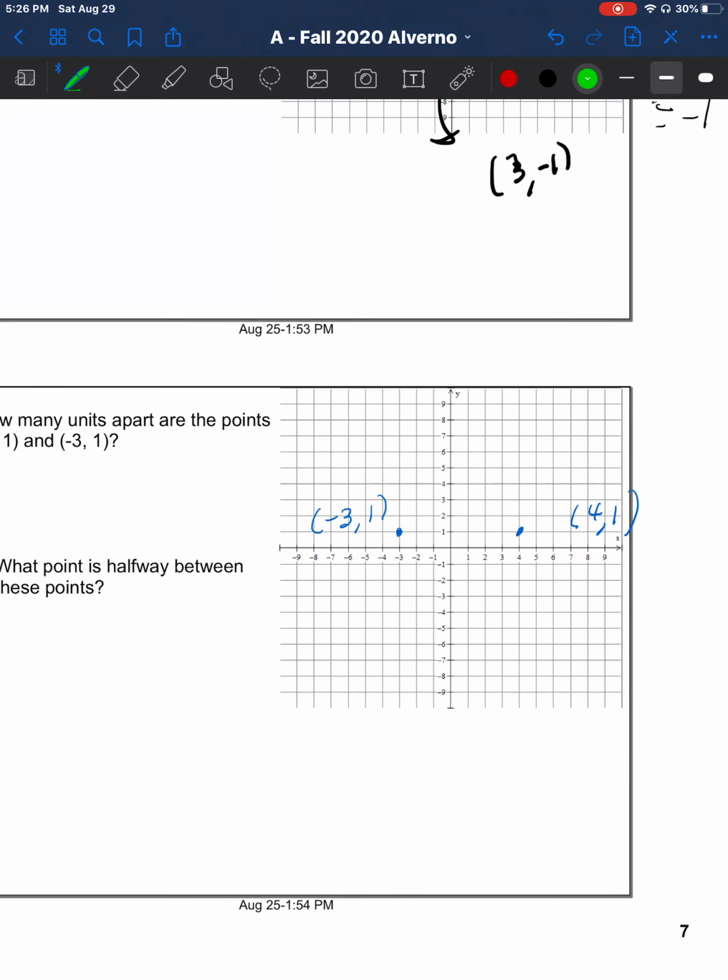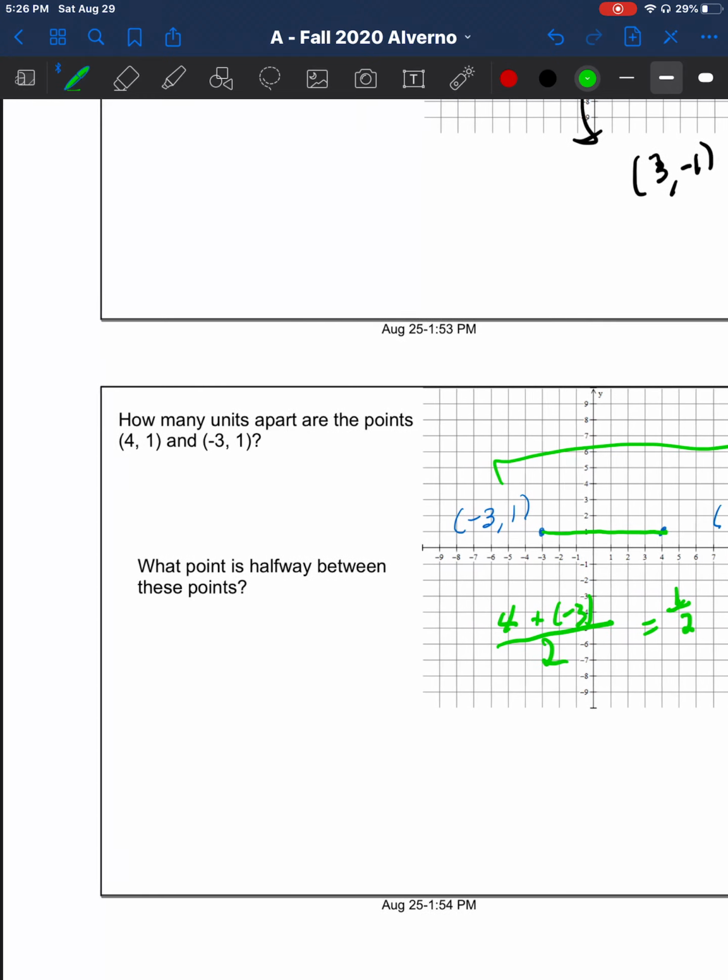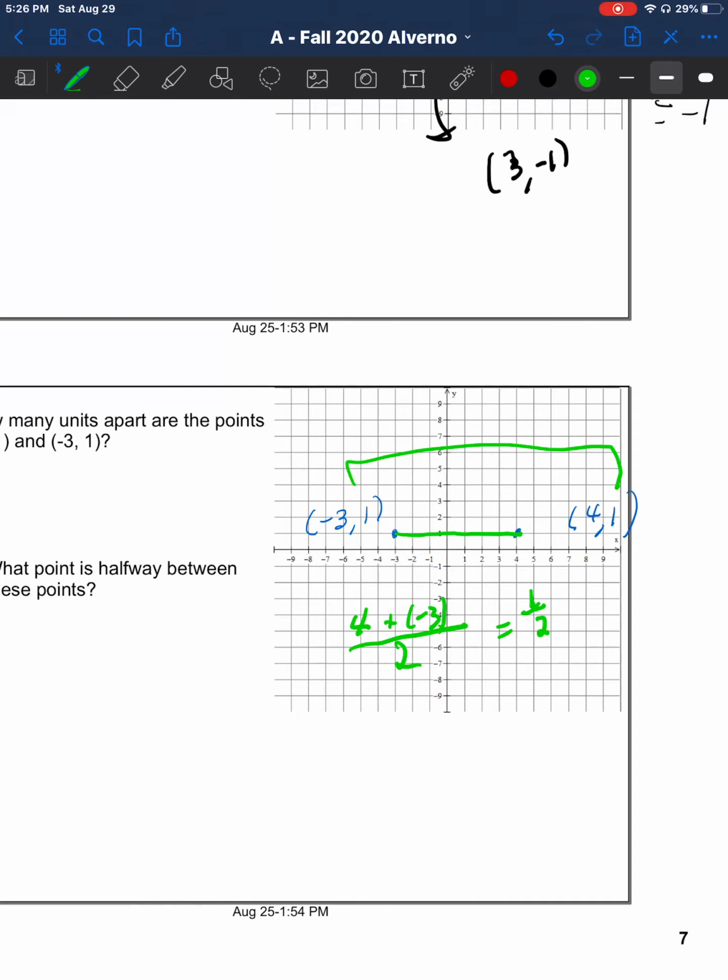We're going to do a similar thing here. In this case, our y value doesn't change. So we have the same y value. What we want to do here is take the 4, add to it the minus 3, and divide that by 2. 4 minus 3 is just 1, divided by 2. So our value for x is a half.